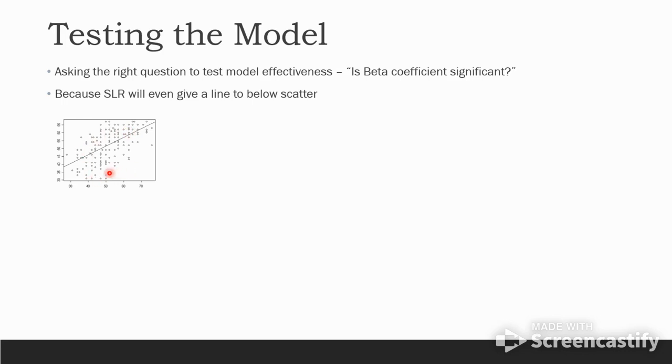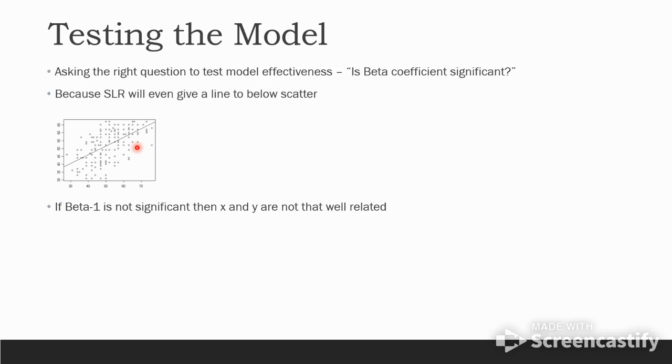This is not showing a very specific, very definite linear relationship. But still, if we apply simple linear regression, we will get a beta value. We will get a best fit line, because we will get a line for which the sum of squares of residuals, the differences from the observed values, is least. But is it good enough then?